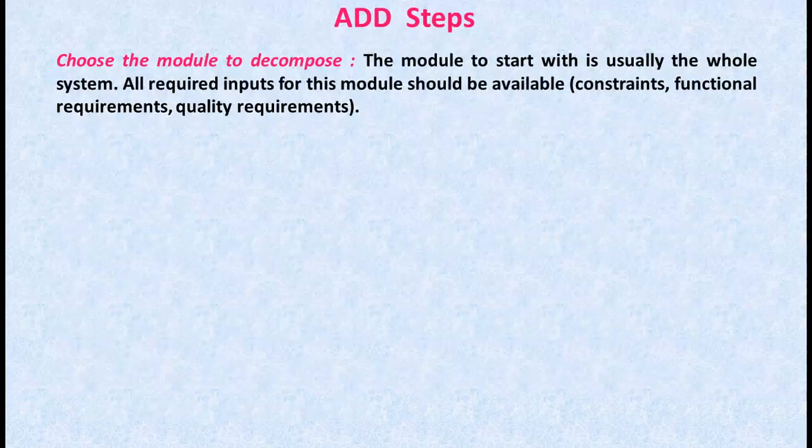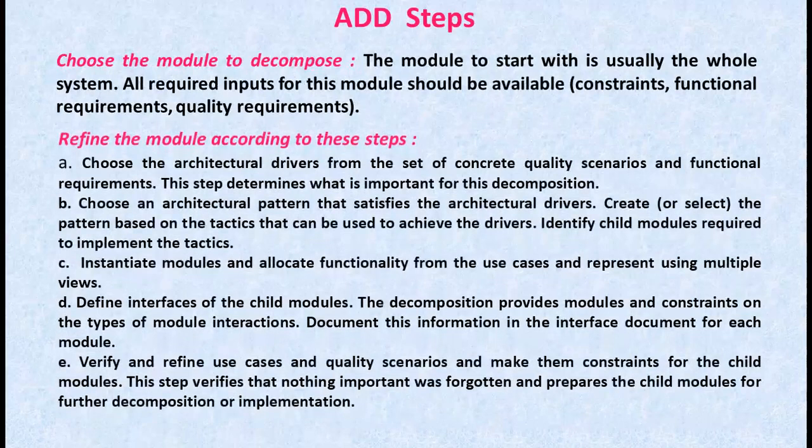The module to start with is usually the whole system. All requirement inputs for this module should be available, like constraints, functional requirements, quality requirements, and so on. In the second step, we need to refine the module according to these steps.